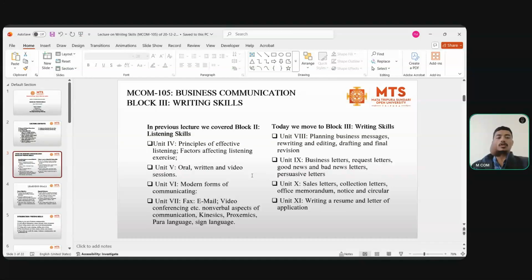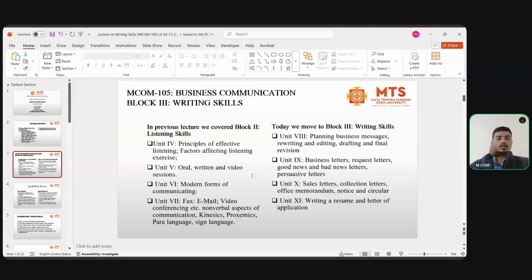So today we move to block 3. Here the focus is on written communication in business and professional contexts. We will study how to plan messages before writing, how to choose the right words, and how to present information clearly and professionally.